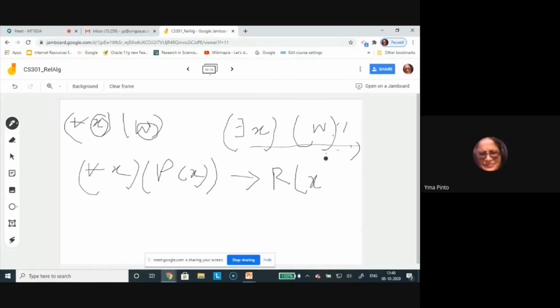If you notice, this x is only bound to this. It is not bound to this. In other words, here, x is a bound variable. In this particular location, x is a free variable.